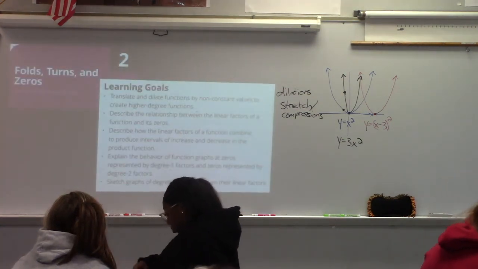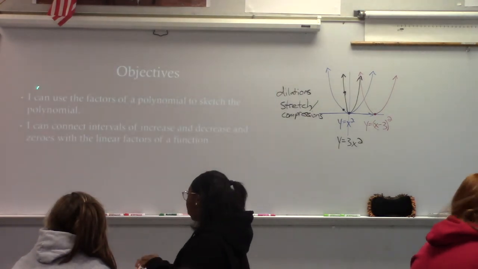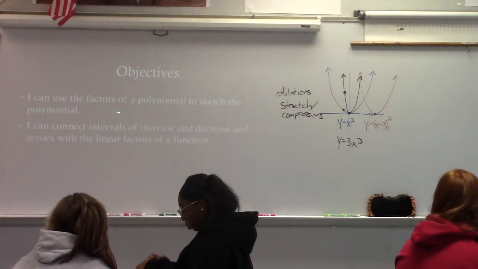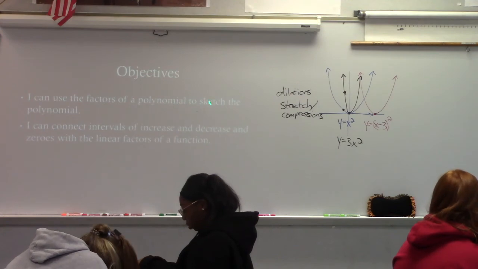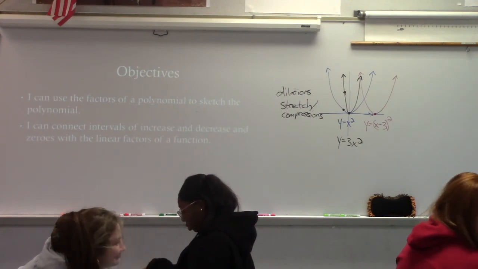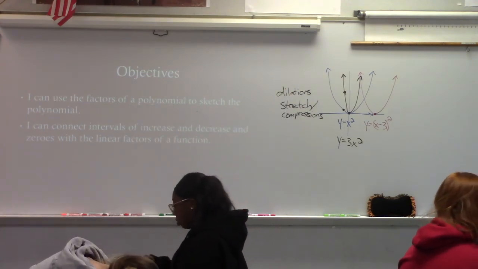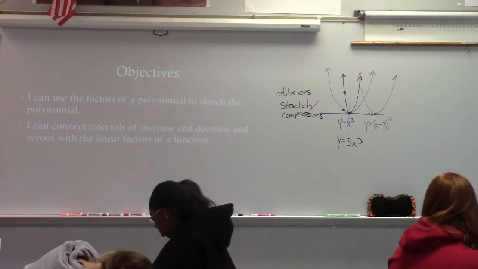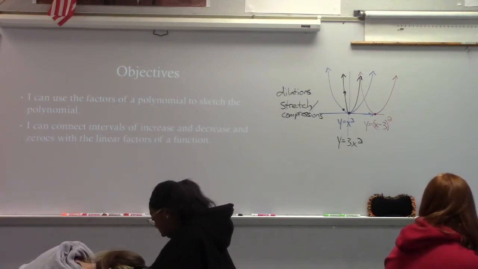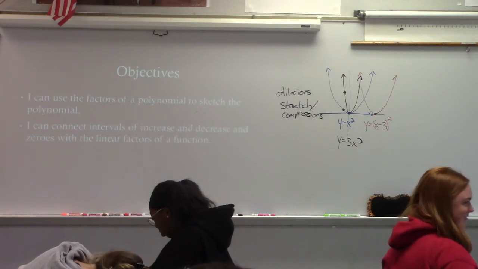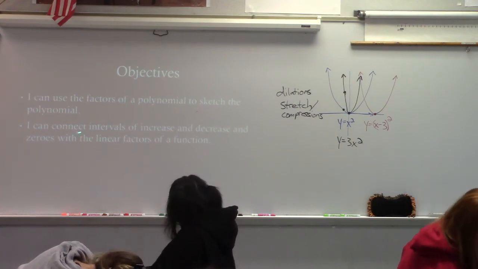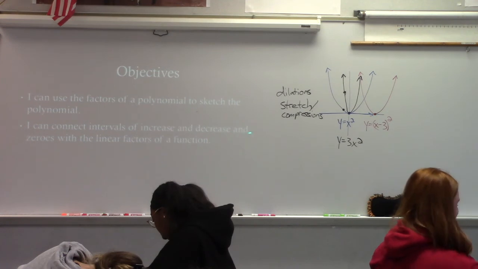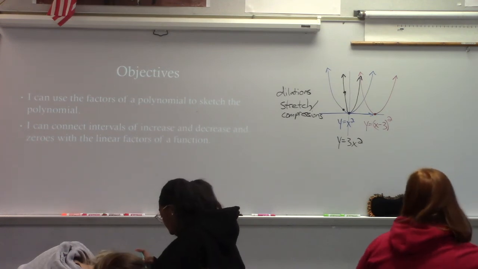I am breaking it down into two major things. You need to be able to use the factors of a polynomial to sketch the polynomial. Does that mean you have to be super accurate? No. But there are some key points that you definitely need to get, and understandings about how those things work together. And then we're going to connect intervals of increase and decrease and zeros with the linear factors of a function.